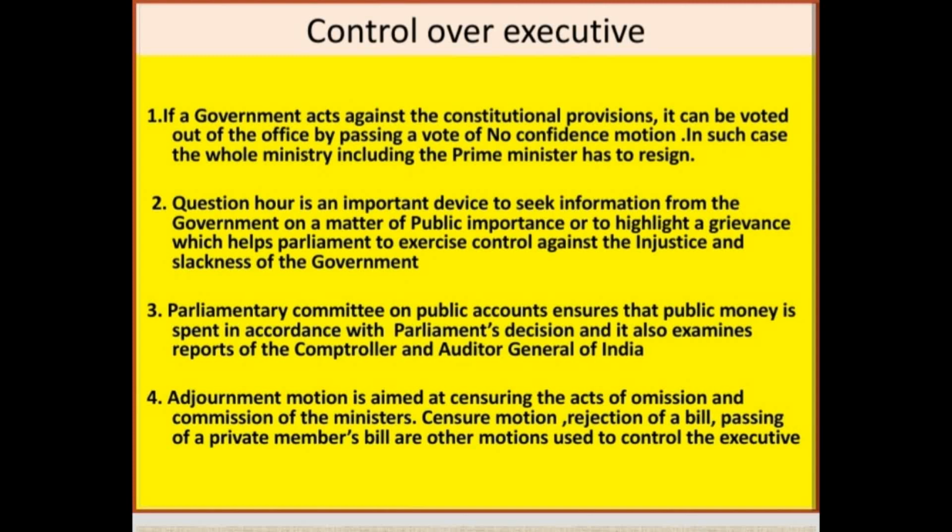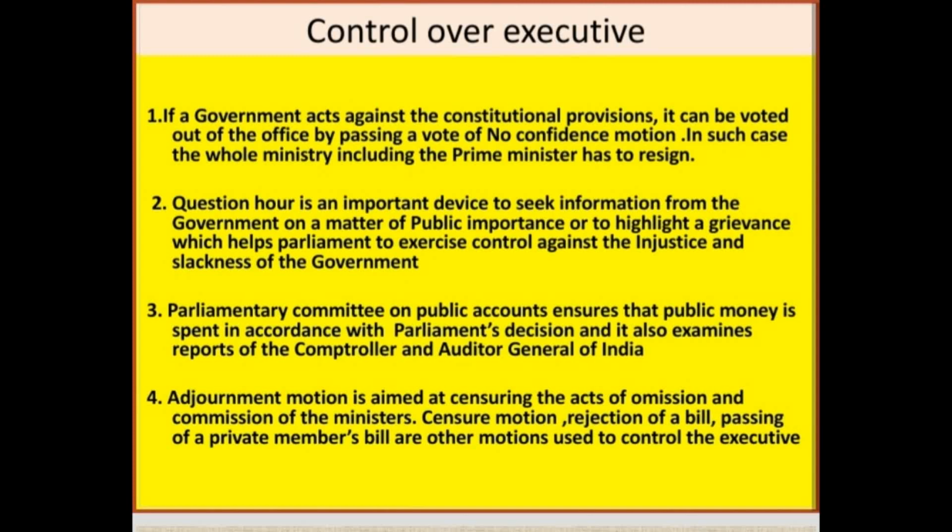And if this vote of no confidence is passed in parliament, then the whole ministry including the prime minister has to resign. That means the government is deemed to be dissolved and becomes non-functional.